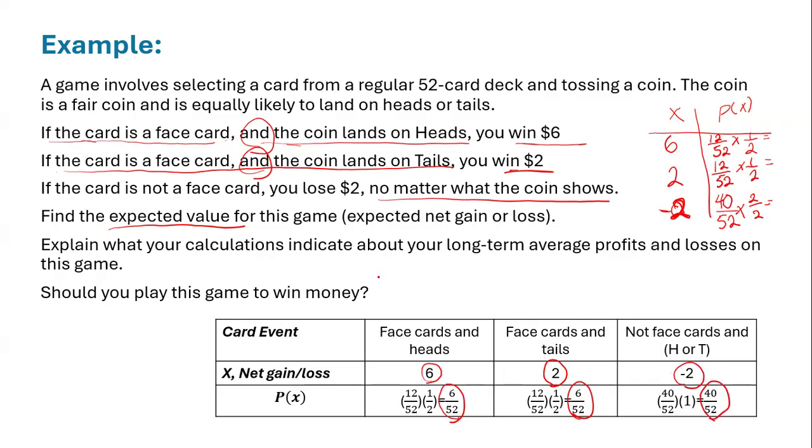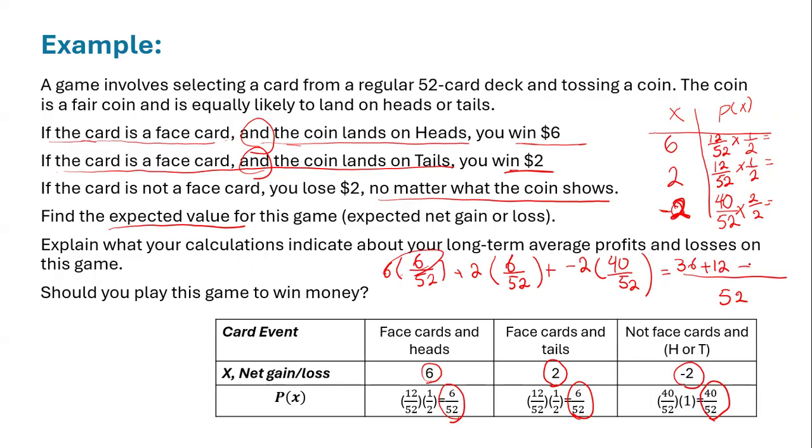If I multiply 6 by 6 over 52, if I multiply 2 by 6 over 52, and if I multiply negative 2 by 40 over 52, and then add them together, as you see, all the denominators are 52. You can keep the denominators 52 and just multiply these: 6 times 6, which is 36. 2 times 6 is 12. And negative 2 times 40, which is negative 80. So the final answer is negative 32 over 52.